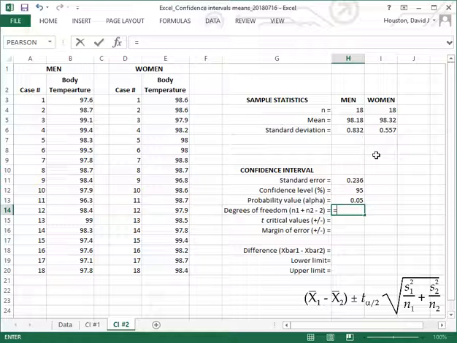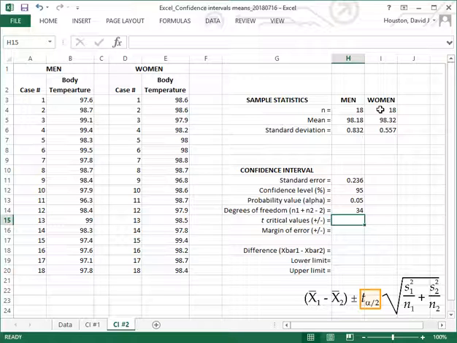Now, to find the degrees of freedom, it's the two sample sizes added together, the sample size for the first sample plus the sample size for women, and we subtract 2 from that sum. Now we have the information we need to find the critical values of t that we will use for constructing this confidence interval.